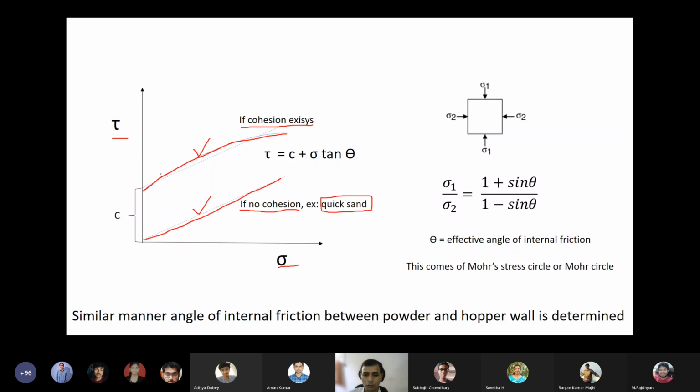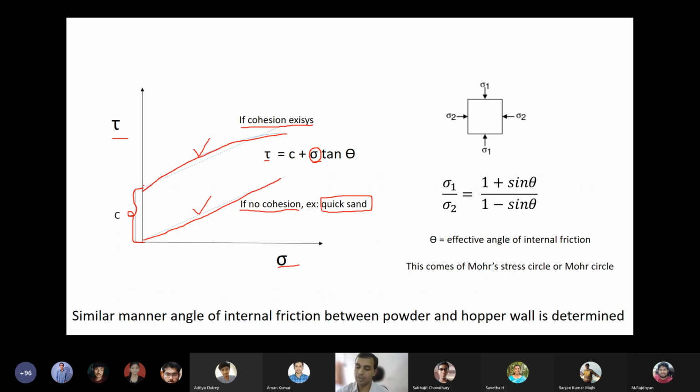They behave such that tau is not simply proportional to sigma. There must be some minimum cohesive stress required before the flow takes place. Before the flow takes place, there must be some minimum amount of cohesive force.